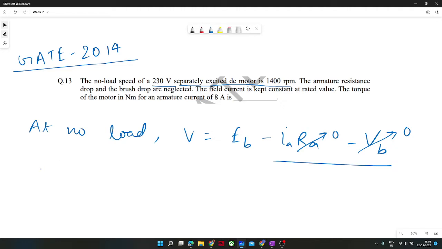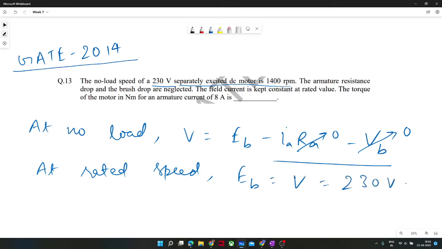Now, we know at rated speed, EB is equal to V is equal to 230 volt, right? I came to this conclusion from the first statement.